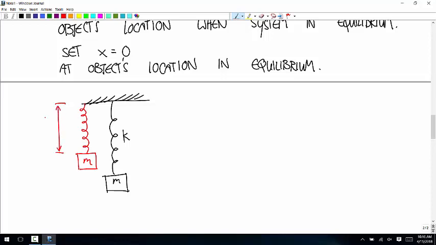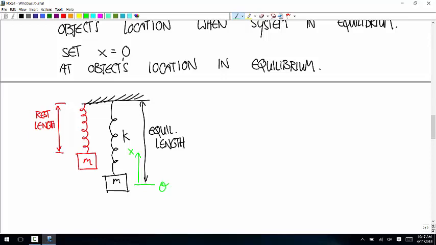So this is the rest length. This is the equilibrium length. And this is what we're going to call our origin, and our x is going to go towards the ceiling.